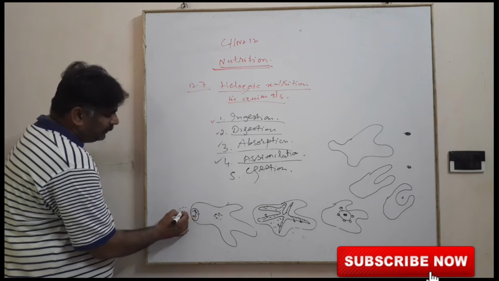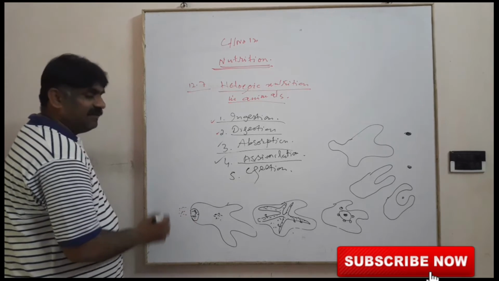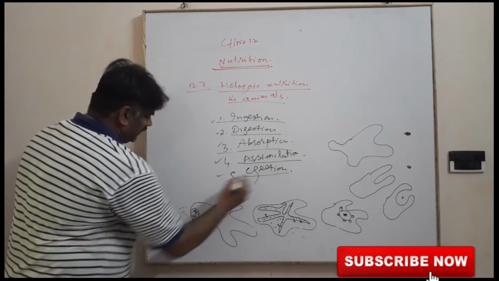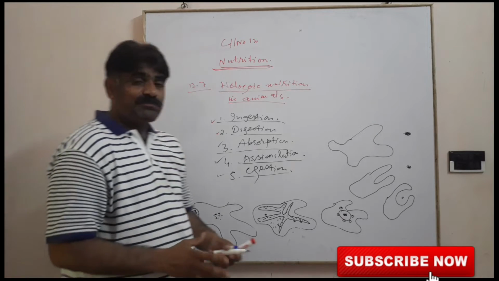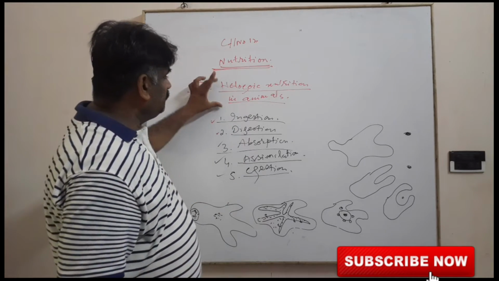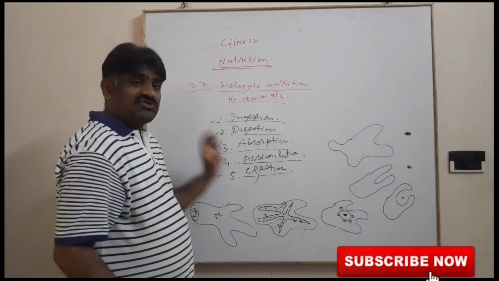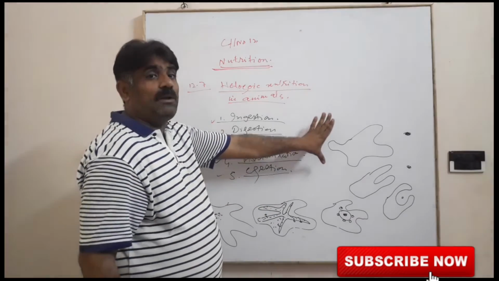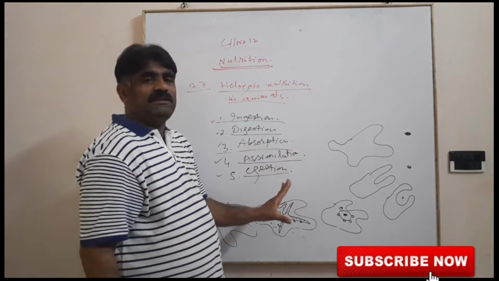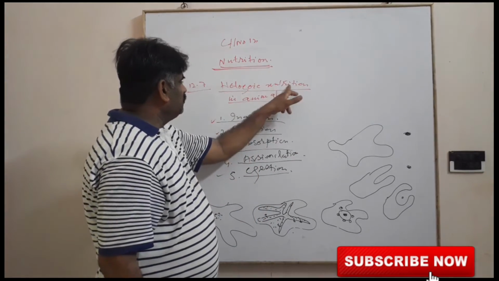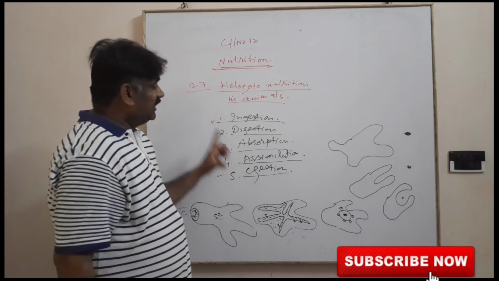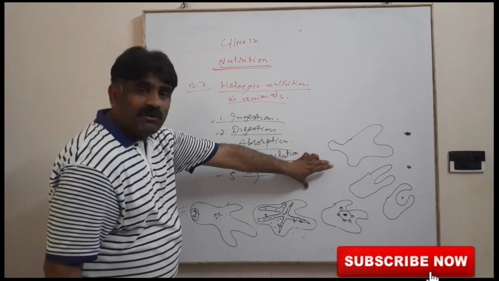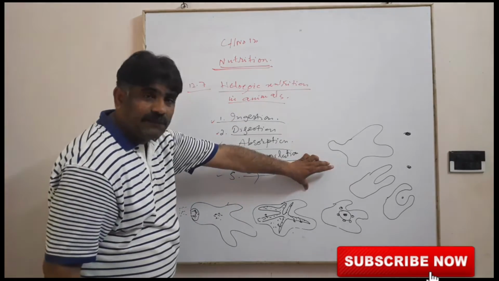They are dumped off, and this is the final step called egestion. All the holozoic nutrition steps start even from protozoa. So all animals perform holozoic nutrition, and you have clearly studied it, taking the example of the one-celled protozoan amoeba.